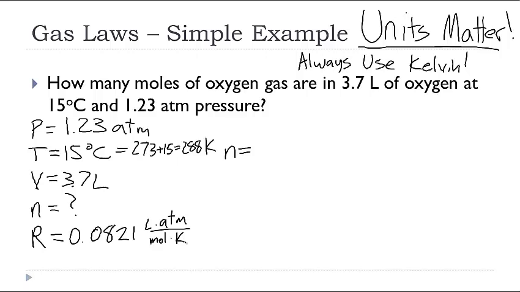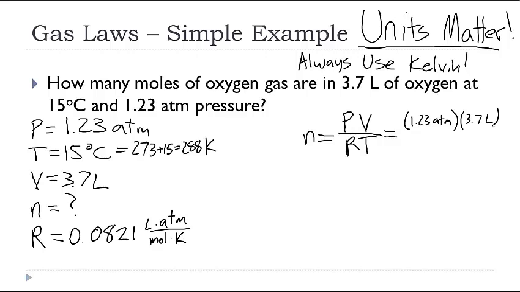But I would take my equation and solve it for n and say n equals PV over RT. So that's going to be 1.23 atmospheres times 3.7 liters over 0.0821 liter atmospheres per mole Kelvin times 288 Kelvin.